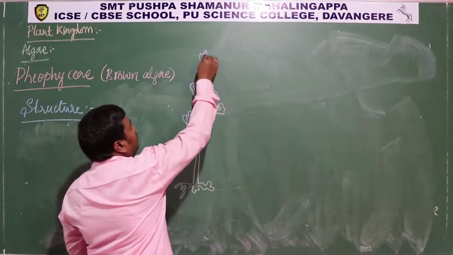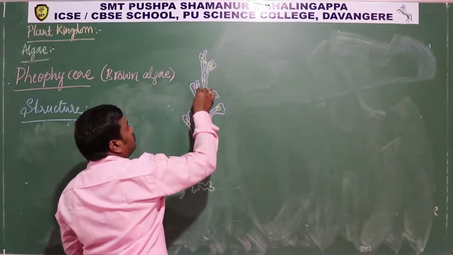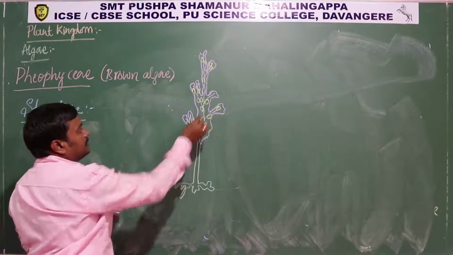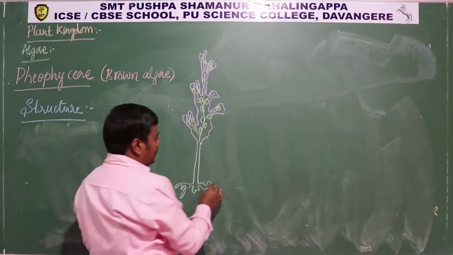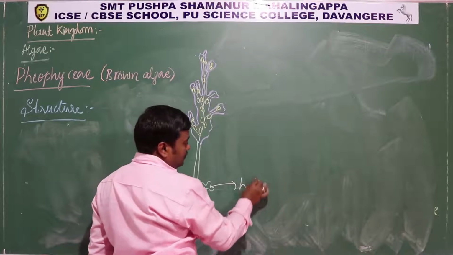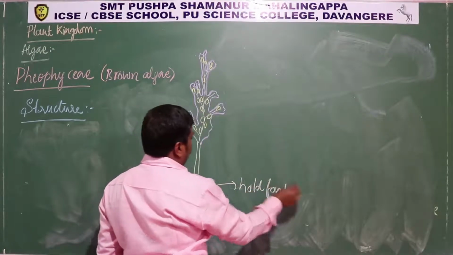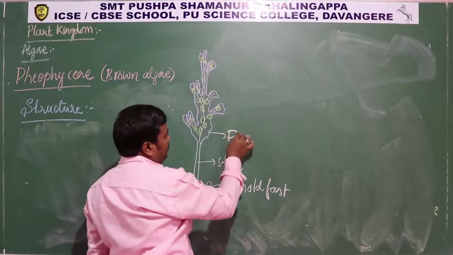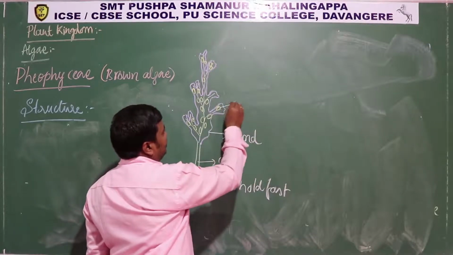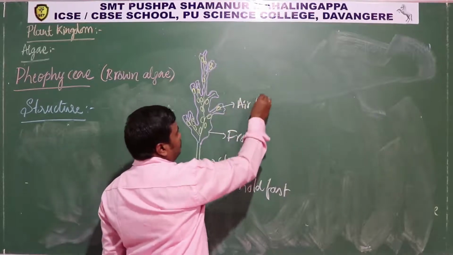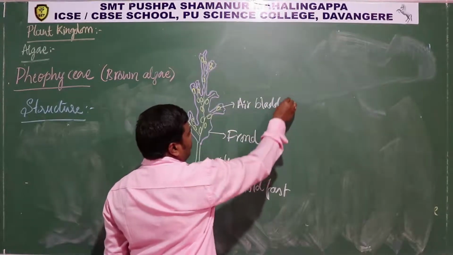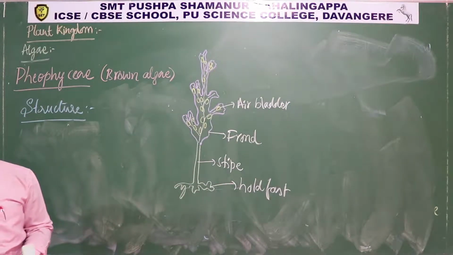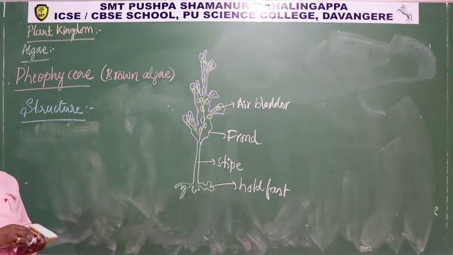So there are air bladders everywhere like this. So this is the frond, this is the hold fast, stipe, this is the frond, and this is the air bladder. Okay, so this is a small example, and the structure is Fucus.